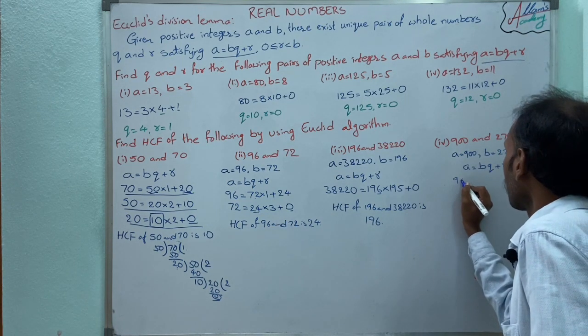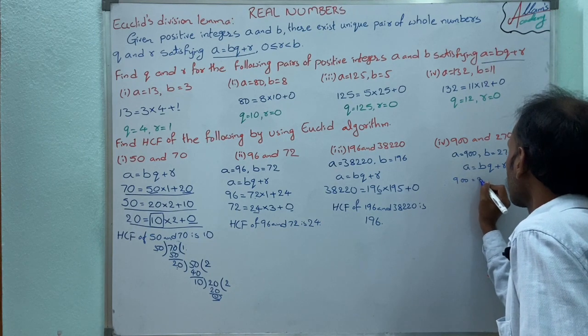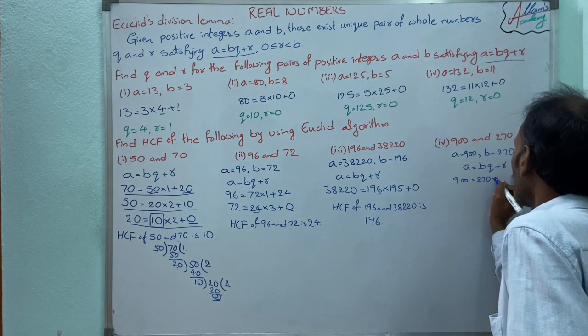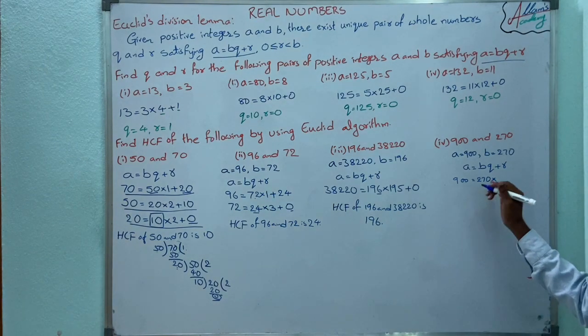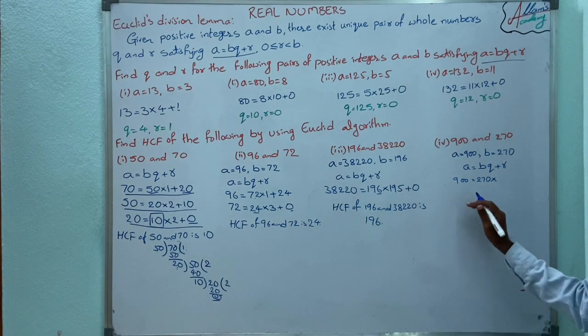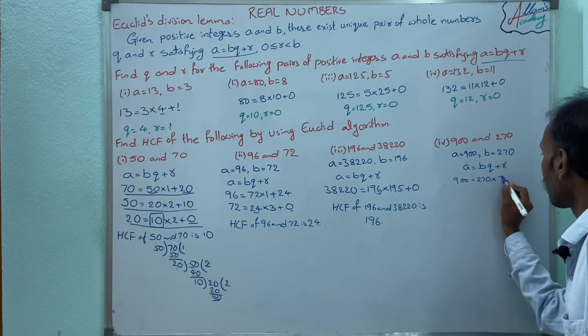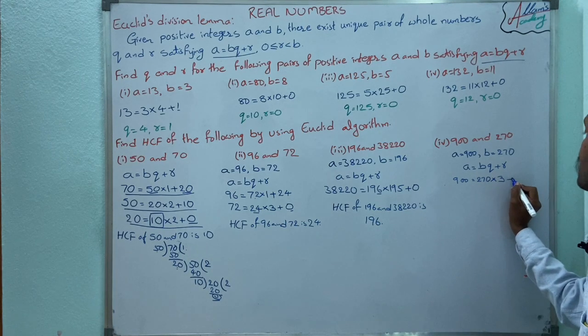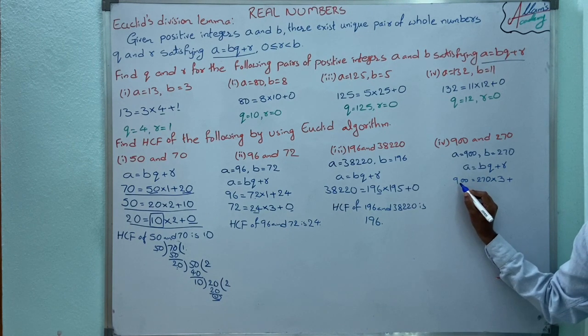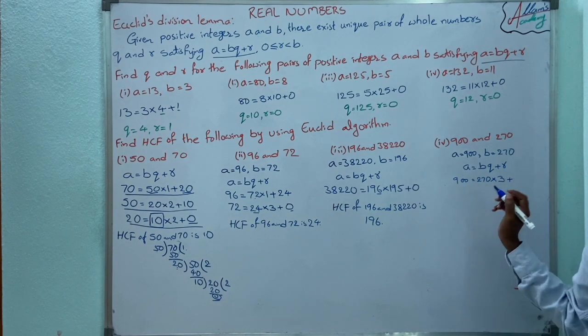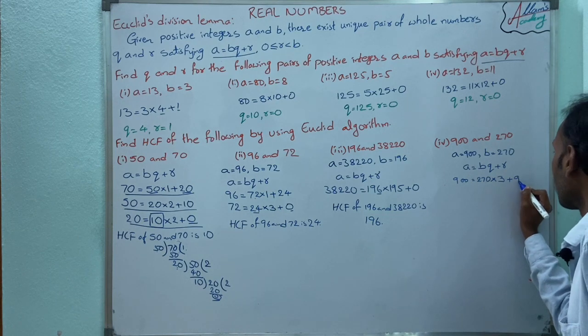So 900 equals 270 times, 270 does not exactly go into 900, but the nearest is 270 times 3, which is 810. Subtracting 810 from 900, we get the remainder 90.